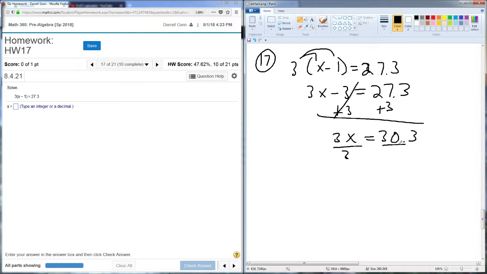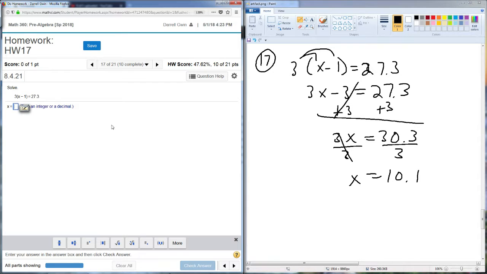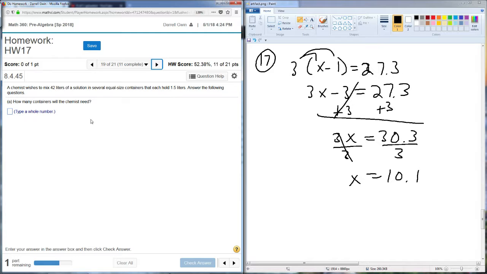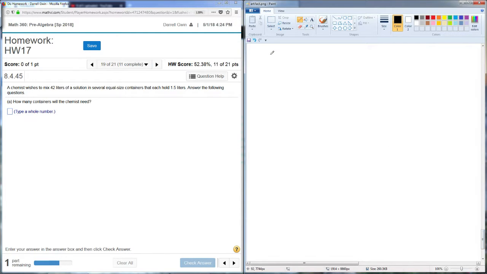Divide by 3. 30.3 divided by 3 is going to be 10.1, because 10.1 plus 10.1 plus 10.1, 10.1 times 3, is equal to 30.3. I don't have to do long division on simple stuff like that. But if you weren't sure, you definitely do that. Multiply by powers of 10 to remove decimals. Definitely for that problem.